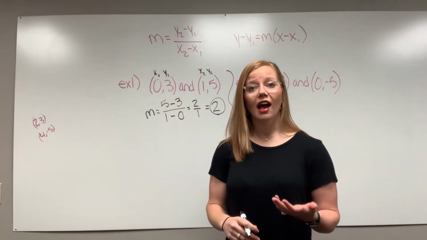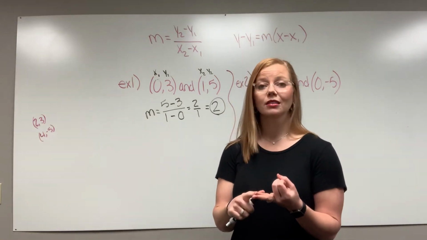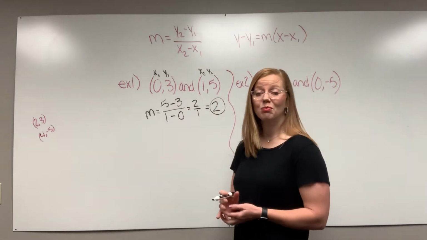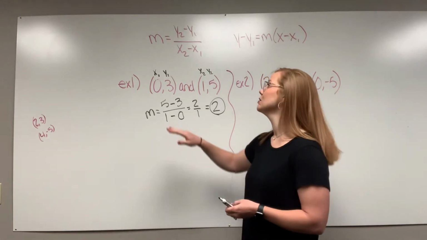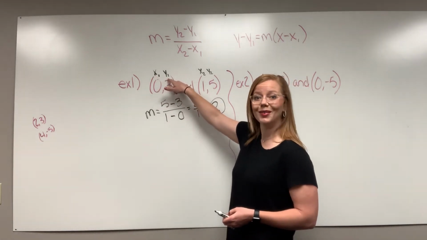We learned yesterday how to write a linear equation whenever we were given slope and 1 point. Since we're given 2, you can just pick your favorite. Pick whichever one you want to. And a lot of times it helps students, since this one's already labeled x1, y1, go ahead and use that one, okay?